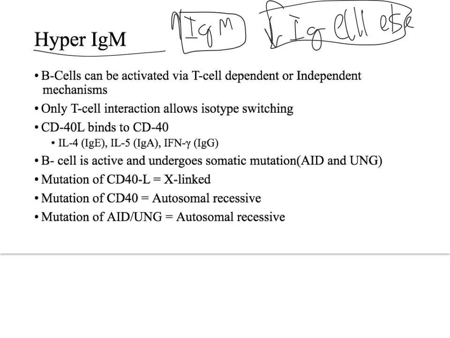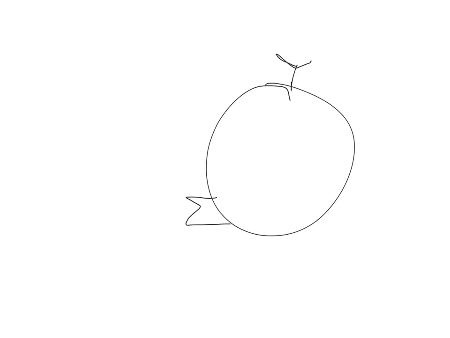So what causes this? Let's re-talk about how B cells are activated, or induced to class switch. A B cell can be activated in either a T dependent or T independent manner, but only T cells can cause class switching. So you have your B cell right here, and it got its antigen on its B cell receptor, which is probably an IgM, and it internalized it, and now it's expressing it on MHC class 2.